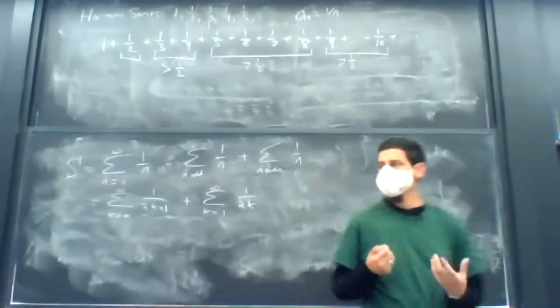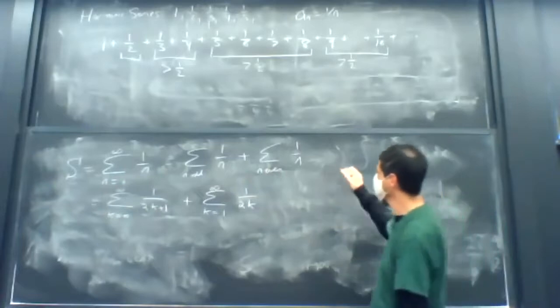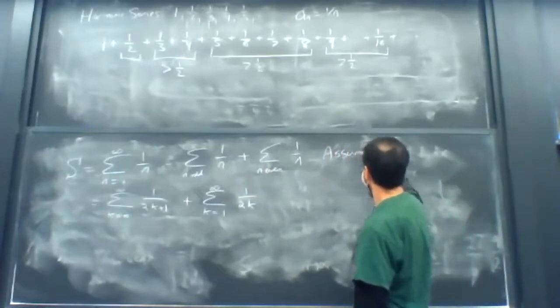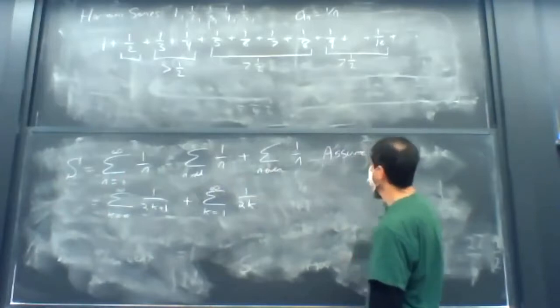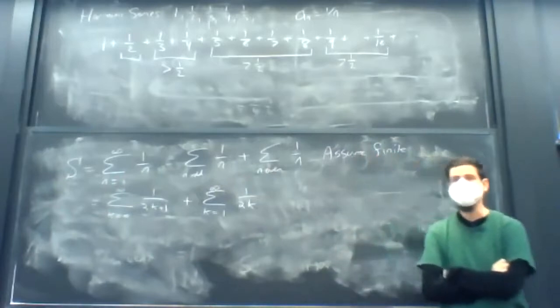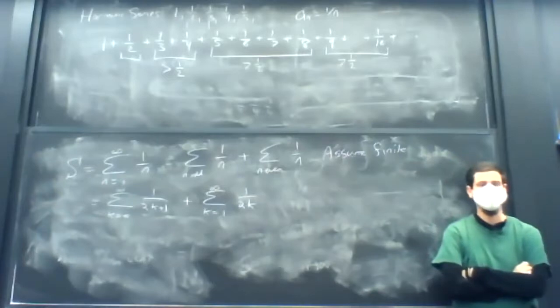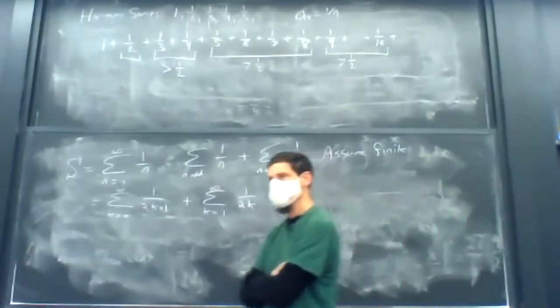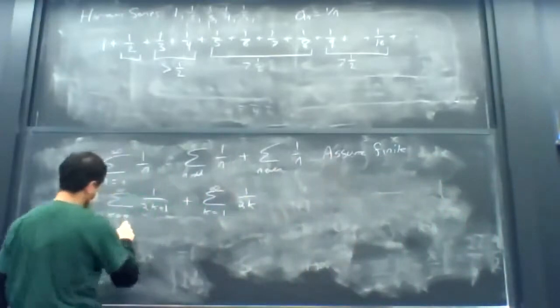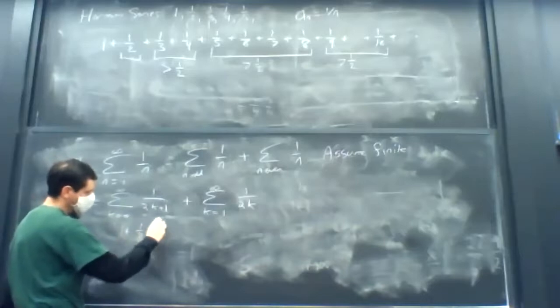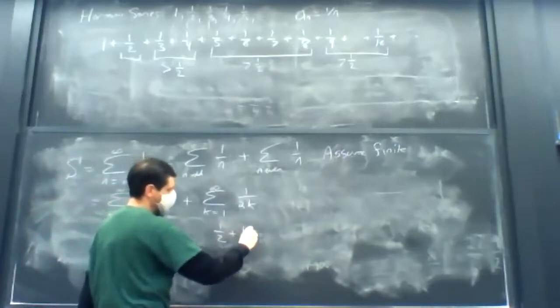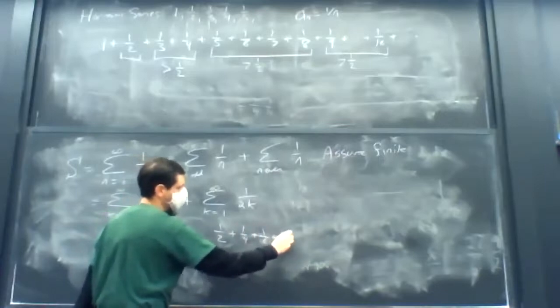If the sum is finite, so we'll assume it's finite, which do you think is larger, the sum over the evens or the sum over the odds, or do you think they're the same? Here we have 1 plus a third plus a fifth. Here we have 1/2 plus a fourth plus a sixth.